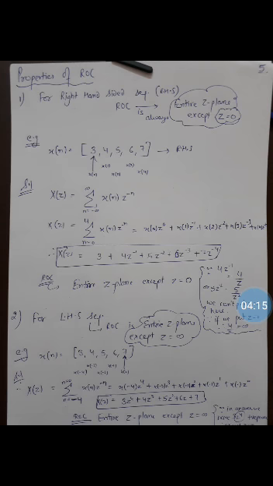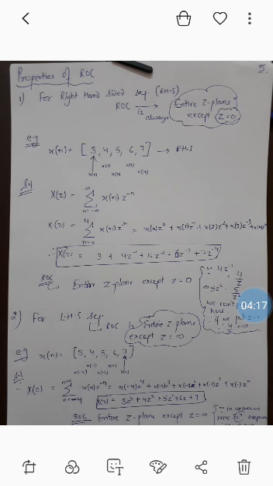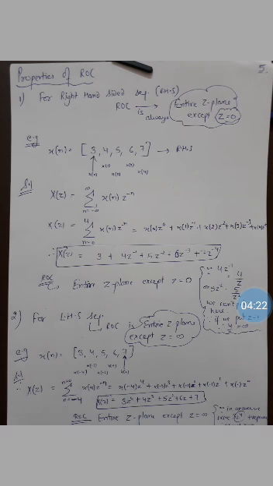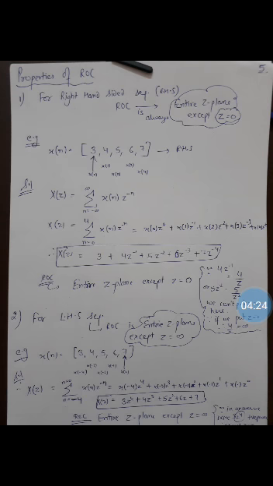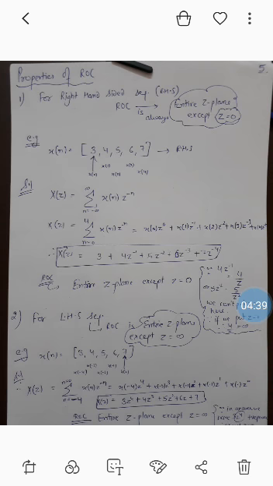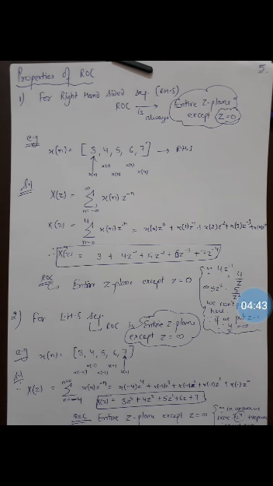Here the ROC will be the entire Z plane except z equals 0. Why are we excepting z equals 0? Because in the answer, one component is 4z inverse, that means 4 by z. We can't put z equals 0 because 4 by z will become 4 by 0, that means infinite. So the ROC is the entire Z plane except z equals 0.